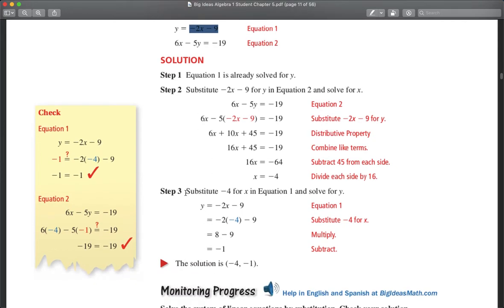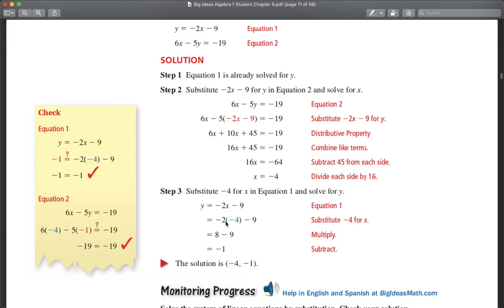This is step 3: substitute negative 4 for x in equation 1 and solve for y. So the x value that we got is negative 4. Instead of there being an x, we're going to put negative 4. Now we're doing straight-out PEMDAS, right? PEMDAS says that multiplication comes before subtraction.